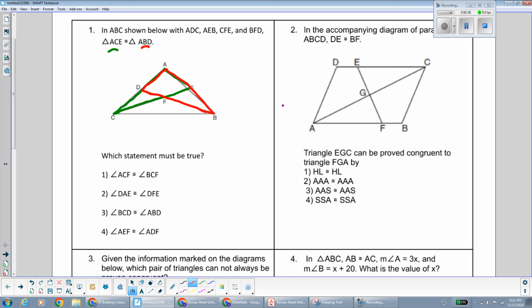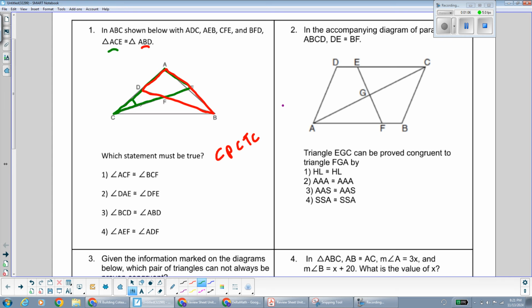So since the two triangles are congruent, we're going to think CPCTC, which says that if two triangles are congruent, their corresponding parts, their corresponding sides, as well as their corresponding angles are also congruent to each other. So we need to look for angles that are in those two congruent triangles and that correspond to each other. Number 1 says angle ACF.